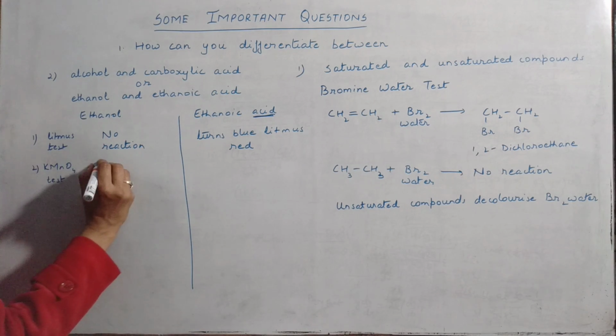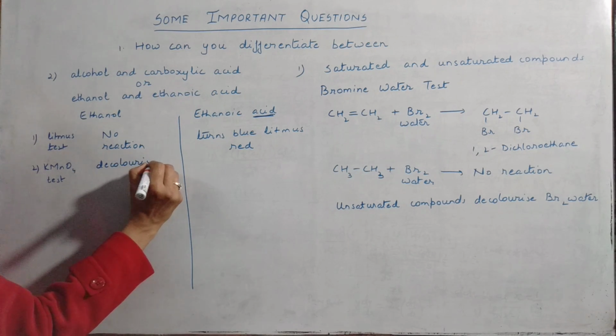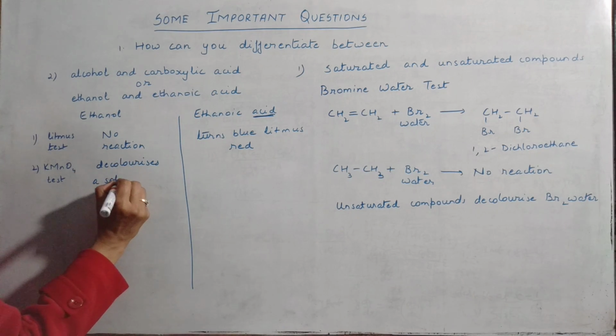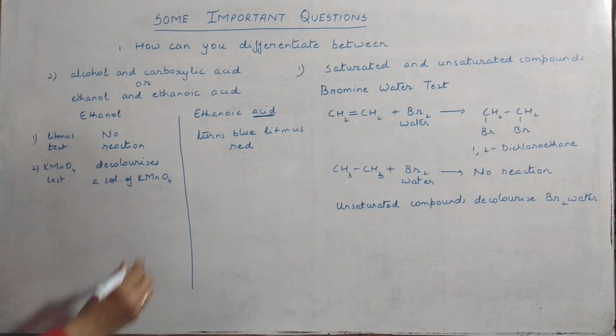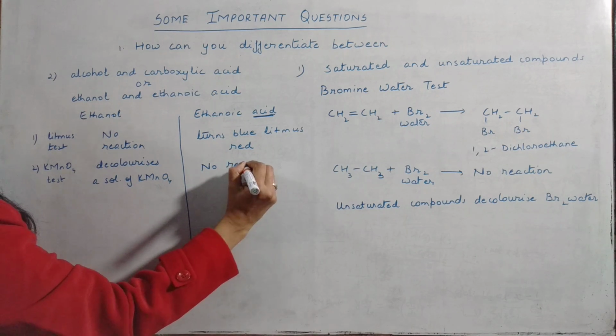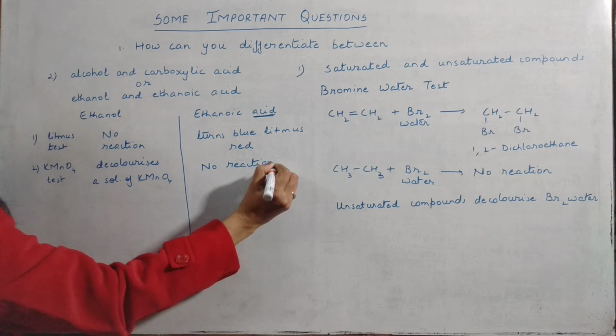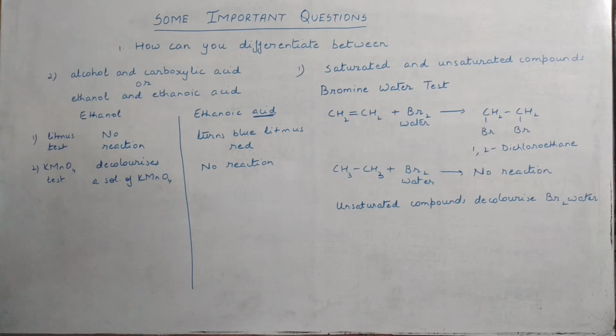So, ethanol decolorizes a solution of potassium permanganate, whereas ethanoic acid does not, so it will be no reaction over here. Ethanoic acid does not change the color of potassium permanganate solution.